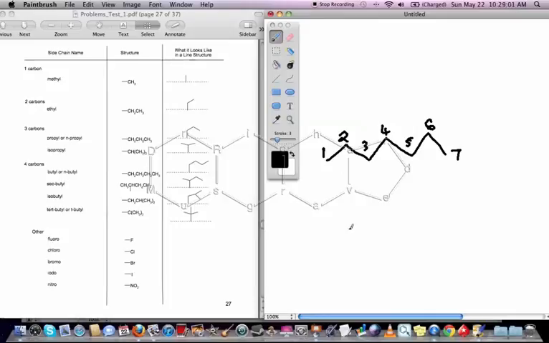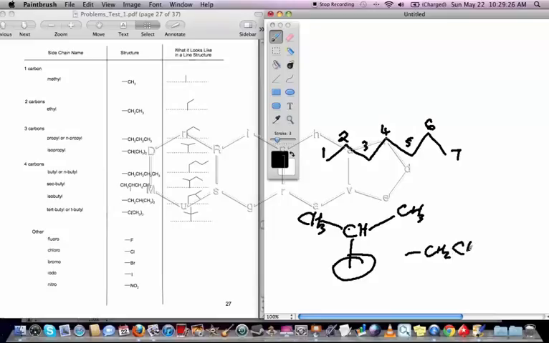So just showing you an example of that. Alright, and there's the attachment point right there, and that can attach to anything. And that's obviously different from this situation, where you're attaching the group off the end carbon.